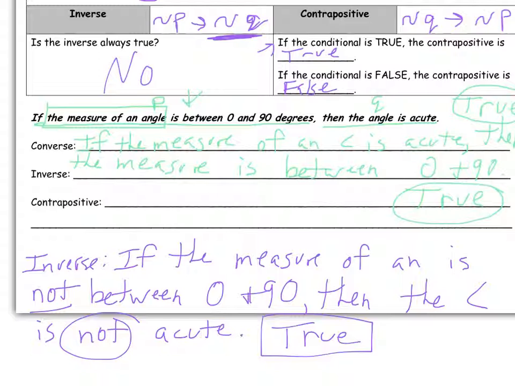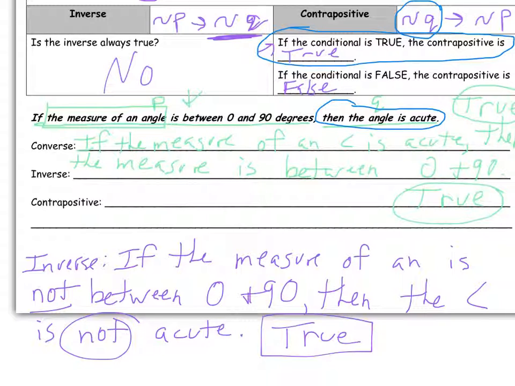All right, and the last one, the contrapositive, without even doing this, we can probably tell that it's going to be a true statement because we saw here that if the conditional is true, the contrapositive is true. So let's go ahead and start on this. The contrapositive starts with the negation of the original conclusion, which would be the negation of this conclusion right here.